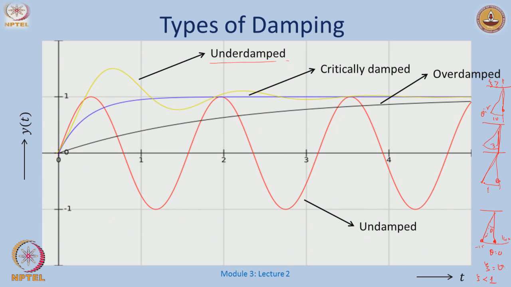The fastest where I can reach here and stay is the critically damped response, which is like the blue line here. For damping anything larger than that, I will just keep taking a longer time. I could have a response also here, for zeta still greater than 1. So, these are typically the 4 kinds of responses which we will encounter in designing a system.